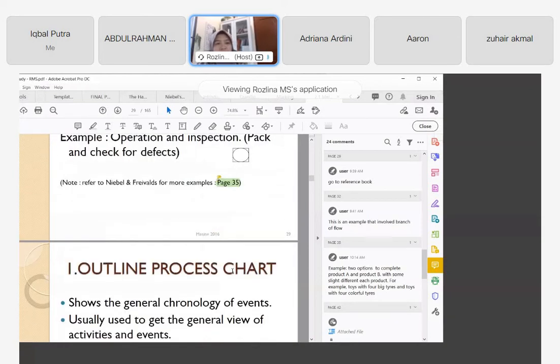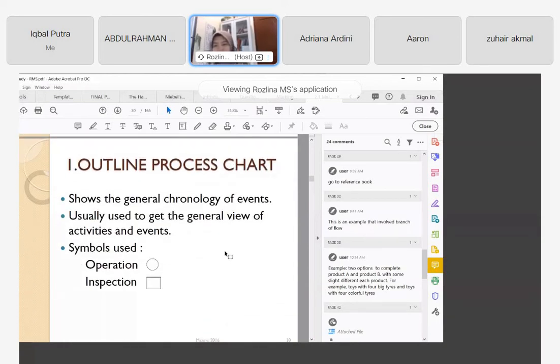Now we go to the outline process chart. The outline process chart only uses two symbols, operation and inspection. It shows the general chronology of events, usually used to get the general view of activities and events. Normally, it will be used by the beginner.